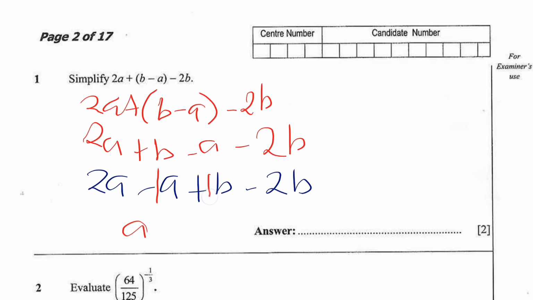Then here we have 1 minus 2 is negative 1, so we remain with negative b. So here you're going to write a minus b, and this is the answer. Okay, let's go to the next question.